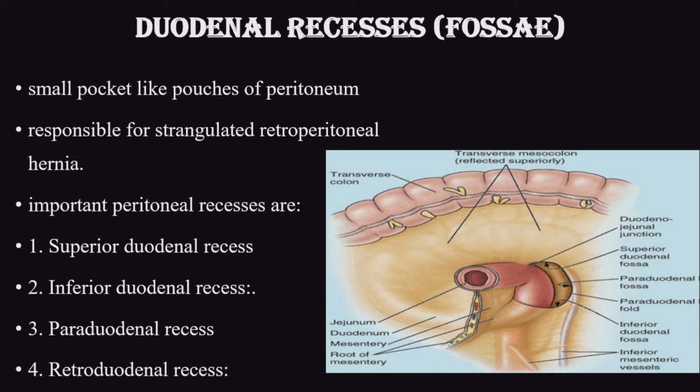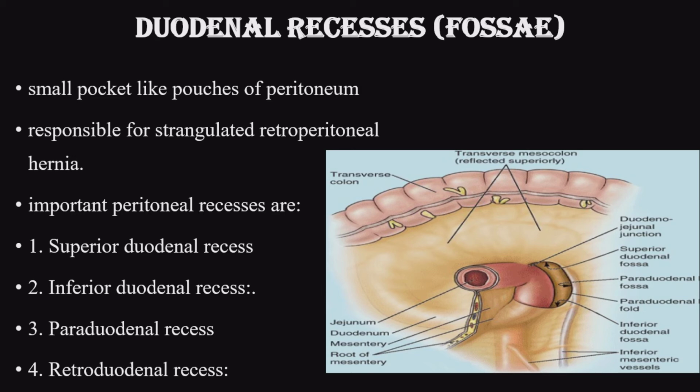Duodenal recesses or duodenal fossae. In the region of the duodenojejunal junction, small pocket-like pouches of the peritoneum are formed. These are called duodenal recesses. They are sometimes responsible for strangulated retroperitoneal hernia.